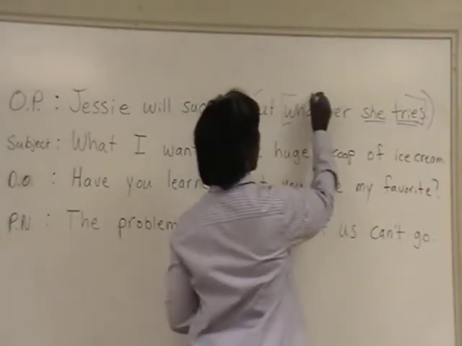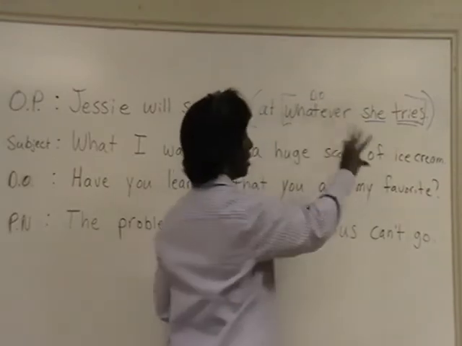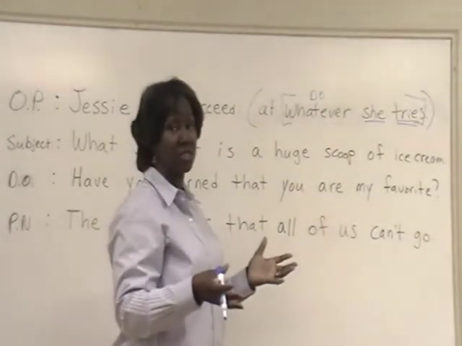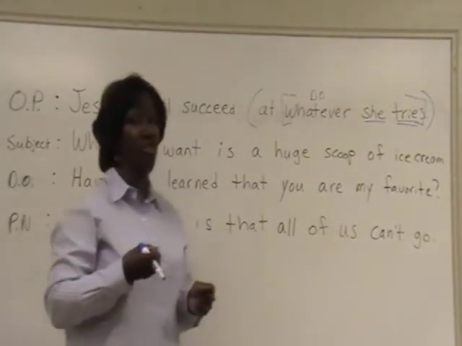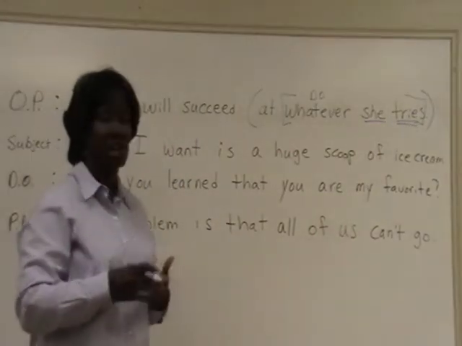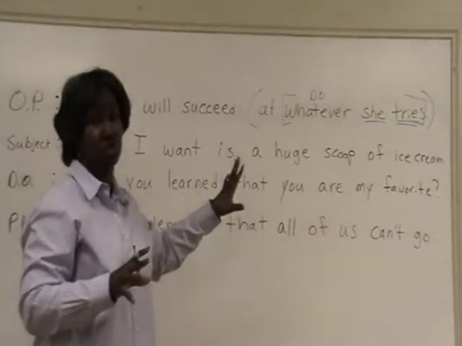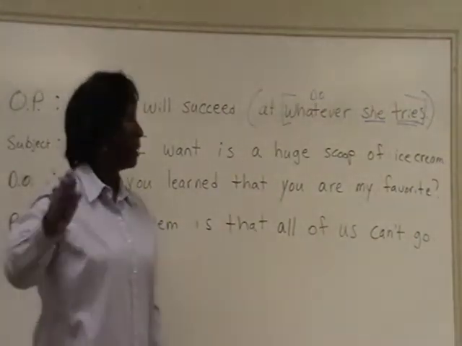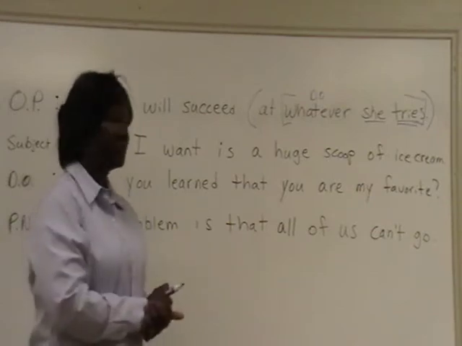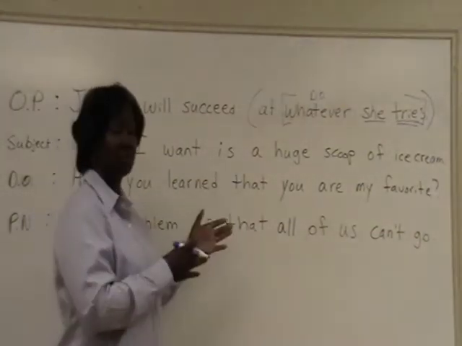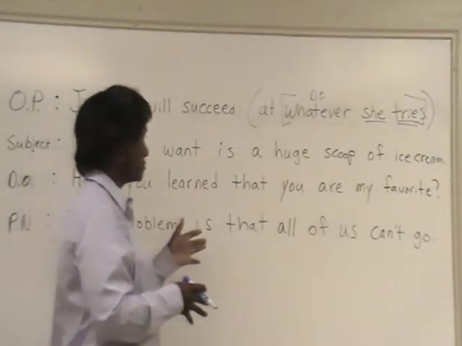In this part of this clause, whatever actually functions as the direct object. Remember I told you if you're not really sure about your sentence patterns, your direct objects and your object of preposition, this will totally confuse you. So make sure you go back, make sure you know what a prepositional phrase is, and what predicate nominatives are before you attempt to do noun clauses.